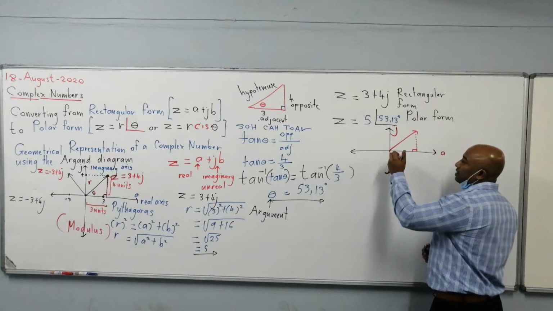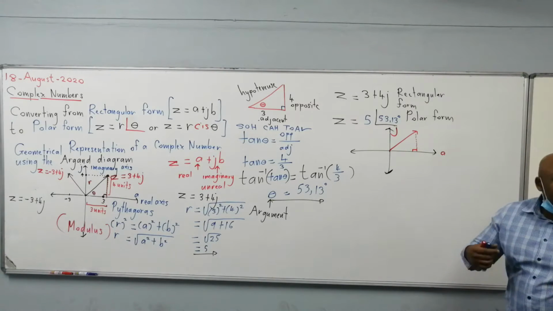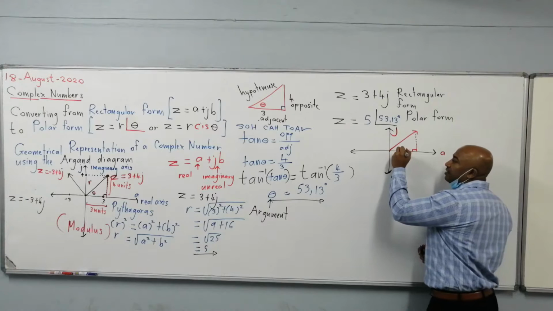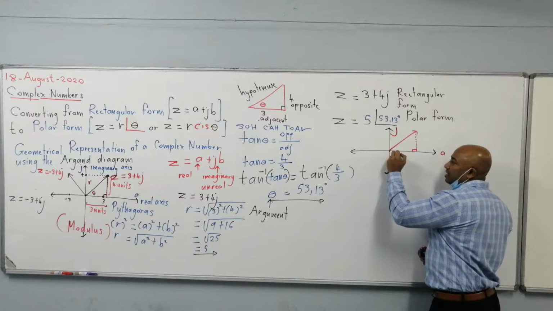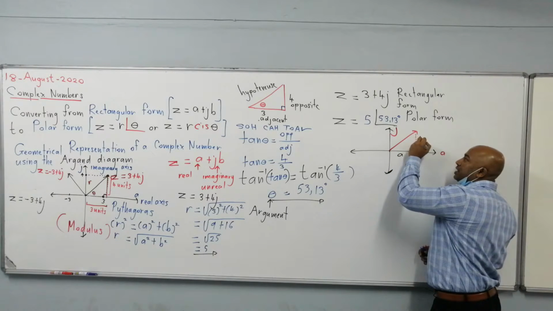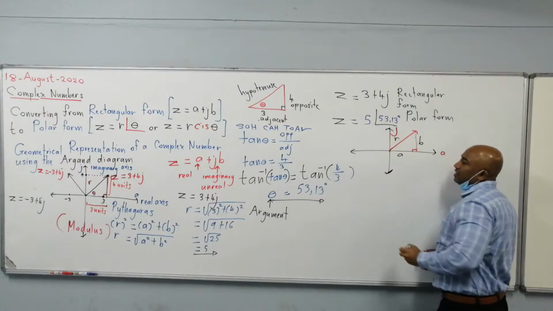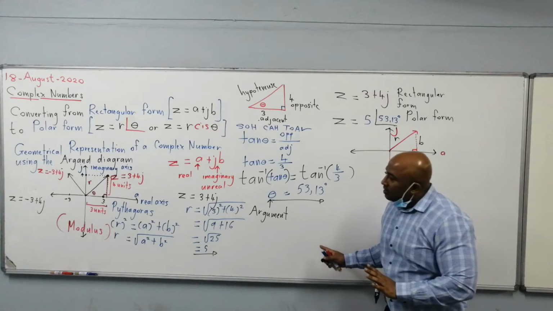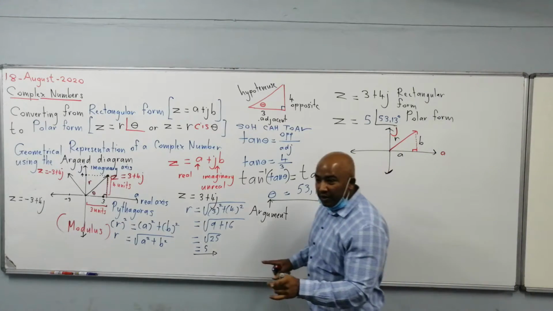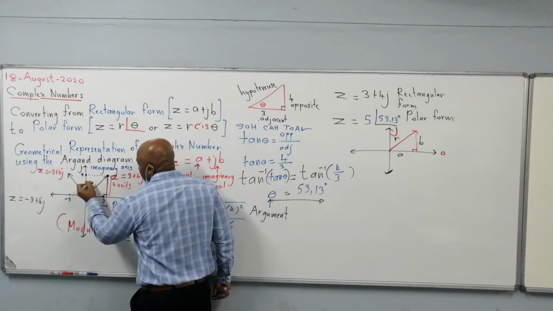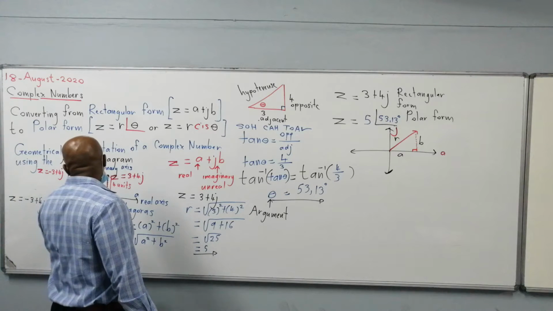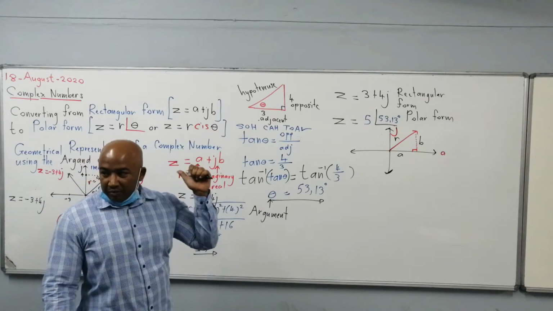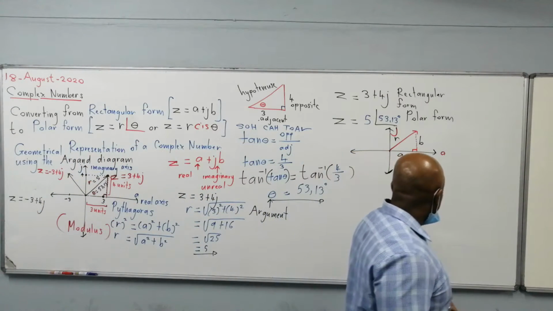Here I'm just taking an example, any number in general, so let's just call this A. You have your A value here, which was 5, it can be 6 or whatever, so there's your A. We know going up is B, and then what do we have here? It is R. Since we found this, we can go back to our diagram. Sorry, I forgot to do that. So I can write down my R is equal to 5 and my theta is equal to 53.13 degrees. Whatever information you find, put it on your diagram.